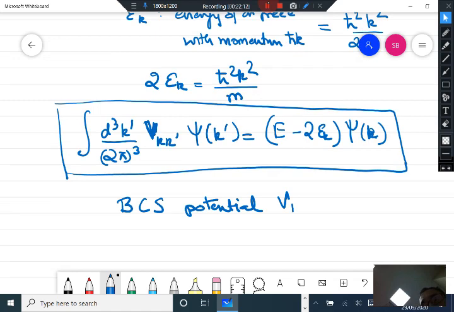We will make some assumptions, and that is what was given by the BCS theory. The BCS theory assumed some form of this potential which actually scatters these electrons in the system, which are sitting just on the boundary of the Fermi energy. And that discussion we will continue in the next lecture.